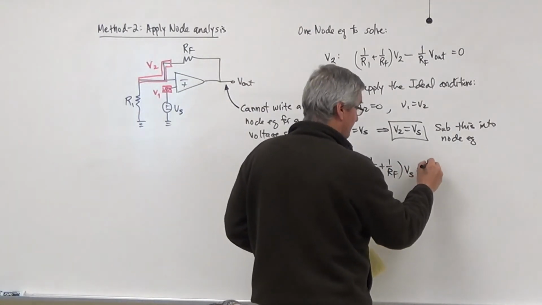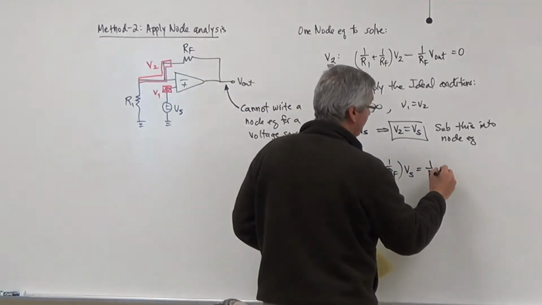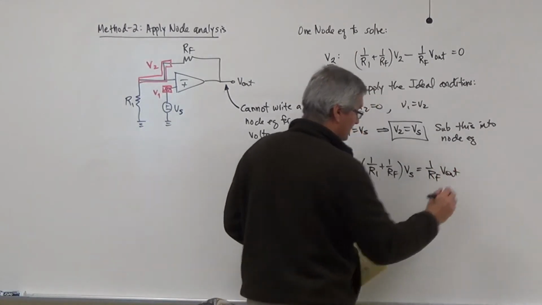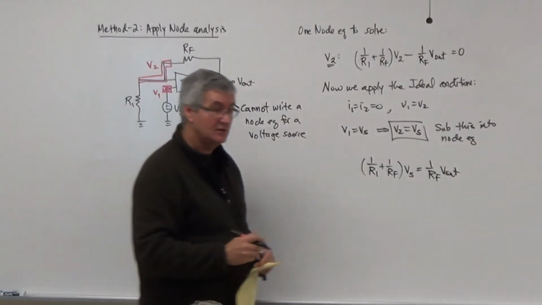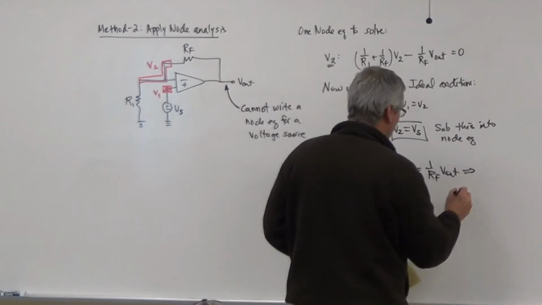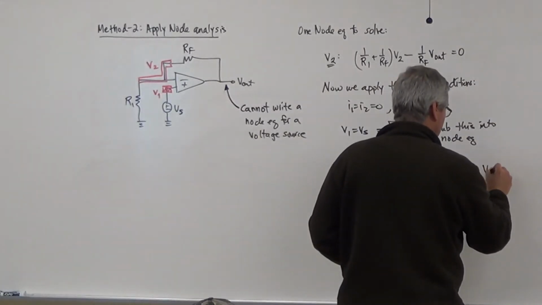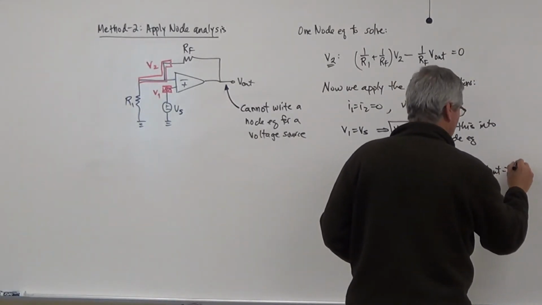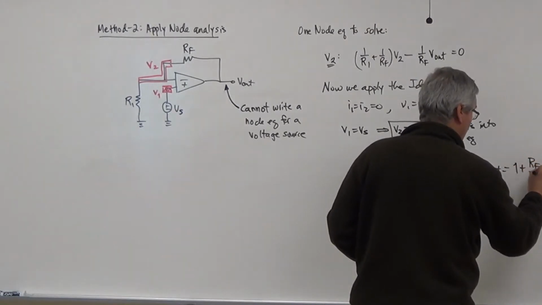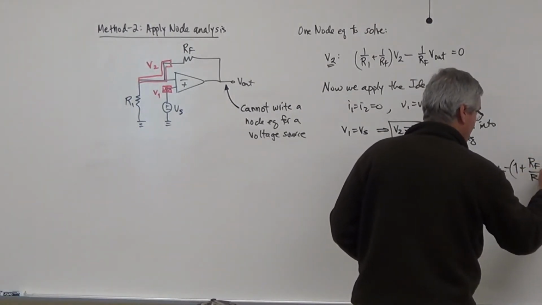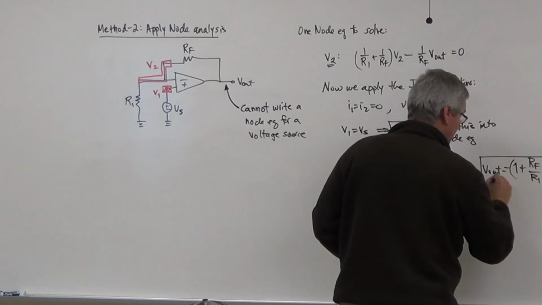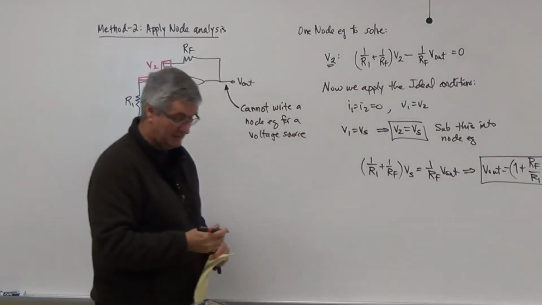It's a silly error. So now I applied this, and when I do the details, you'll see that V out is equal to 1 plus RF over R1 times V source, which is exactly what we expected.